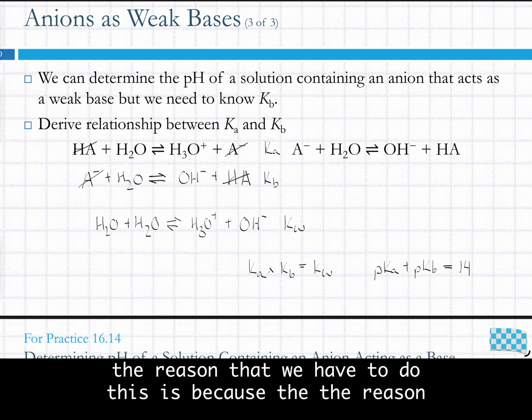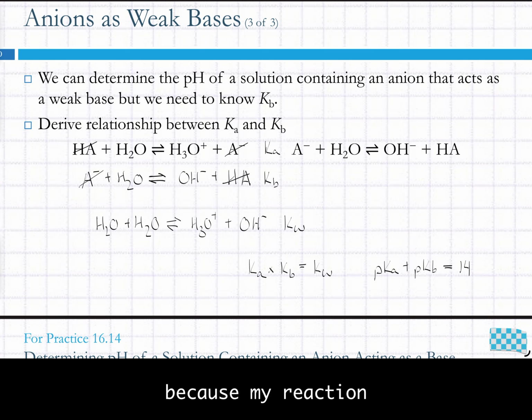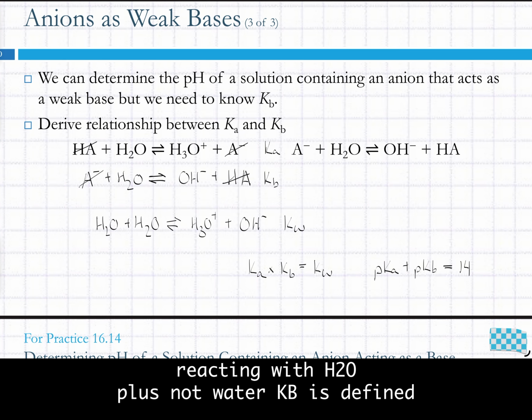And again, the reason we have to do this is that we can't just reverse the equation, because the reaction that defines Ka has to be acid reacting with water. If I reverse this, now it's base reacting with H3O plus, not water.